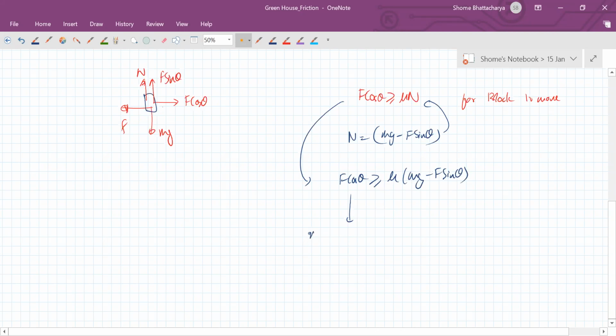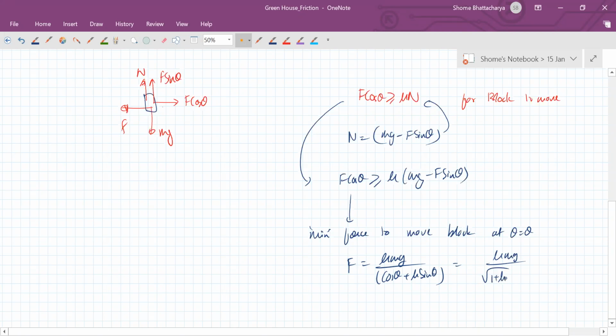So for the minimum force to move the block at some general angle theta, you will get F equal to mu mg upon cos theta plus mu sin theta, this function. Next thing, remember we had written this function as square root of 1 plus mu square into sin of theta plus alpha. That was a trick.